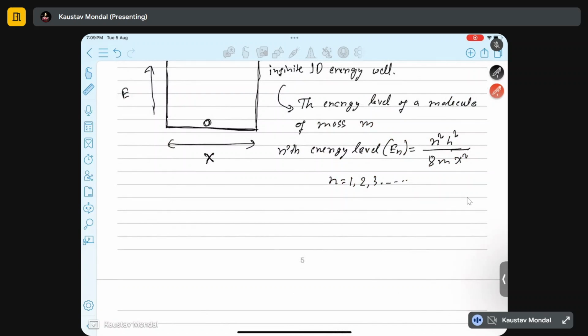So this is basically the energy level of a particle that is trapped inside an infinite 1D energy well. X is the length of the box. Now you have the information of this energy.